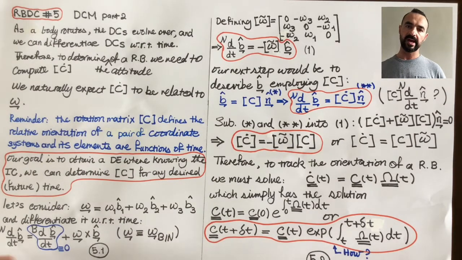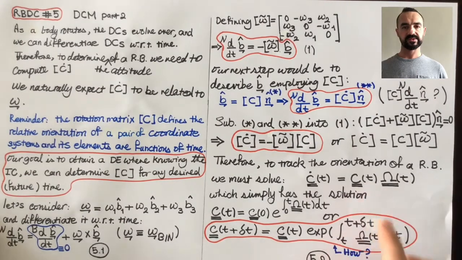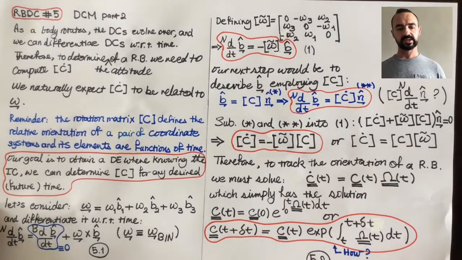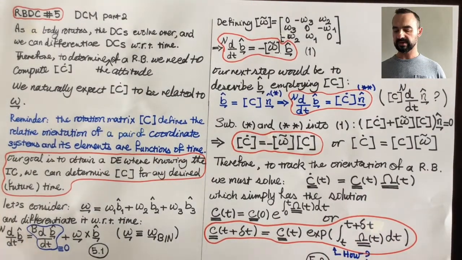So I'm going after that differential equation. Once I have that differential equation, knowing the initial condition, we can always solve it and compute C, our direction cosine matrix, at any desired time.